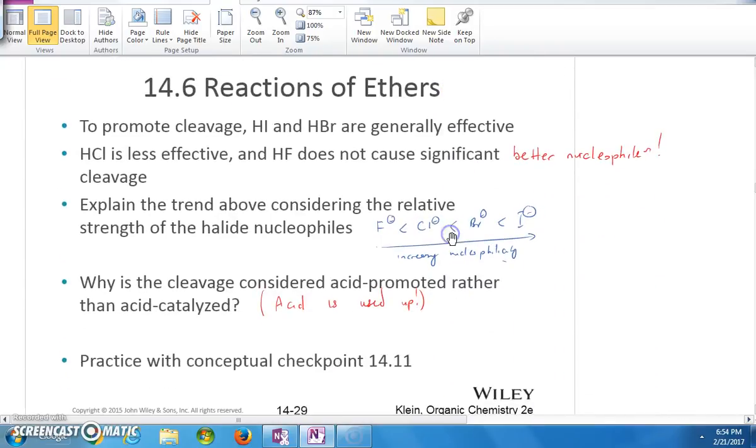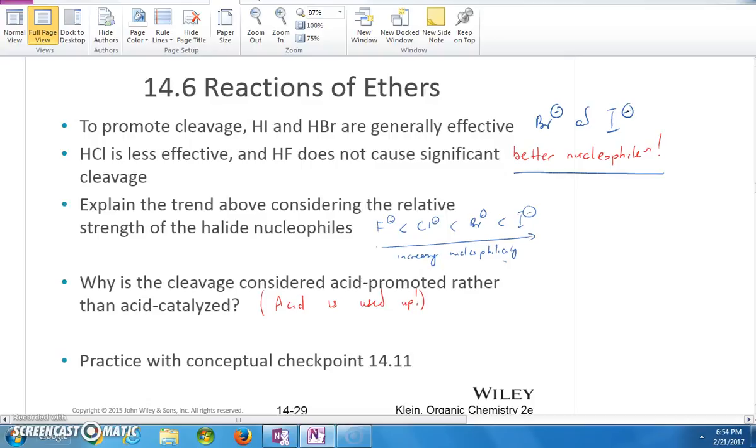Okay? To promote cleavage, HI and HBr are generally effective, and the reason is because HI and HBr are good nucleophiles. The Br minus and the iodide are good nucleophiles.